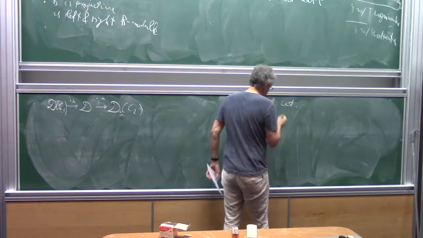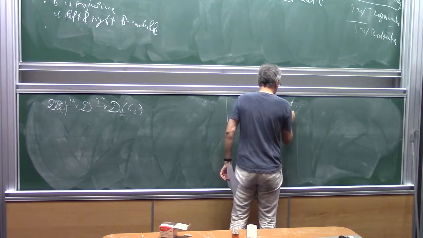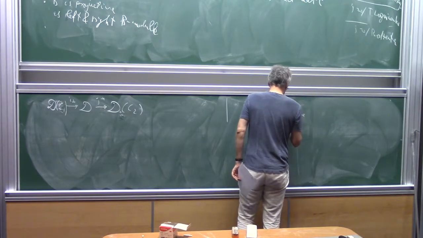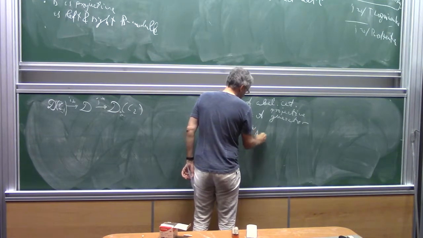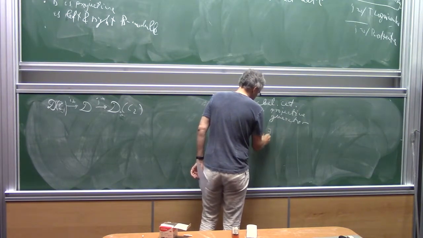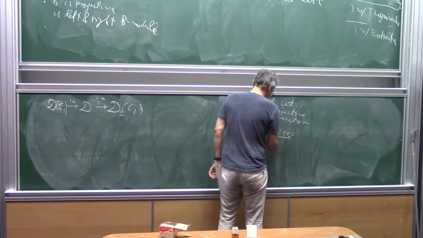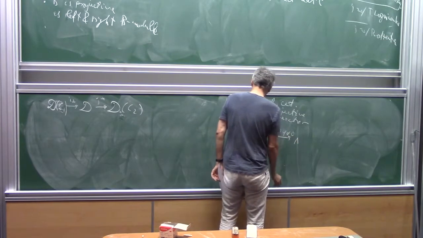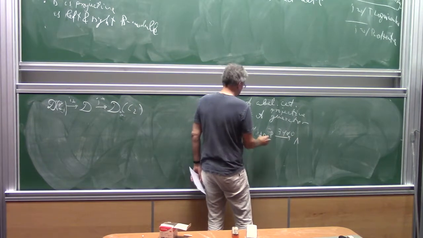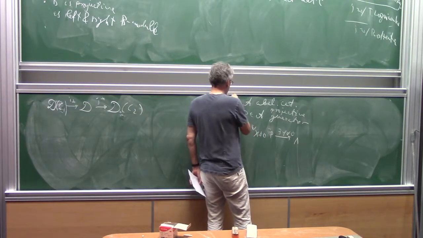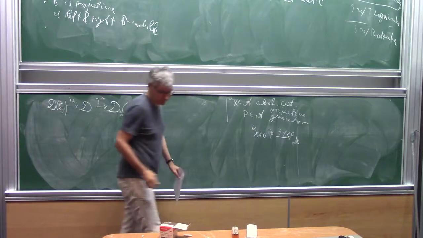And generator means that for any object X in A, there exists a non-trivial, non-zero morphism phi from P into this object X.